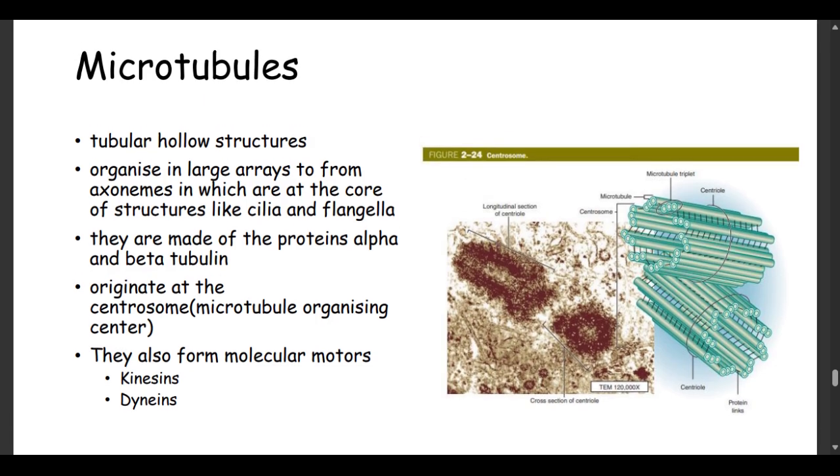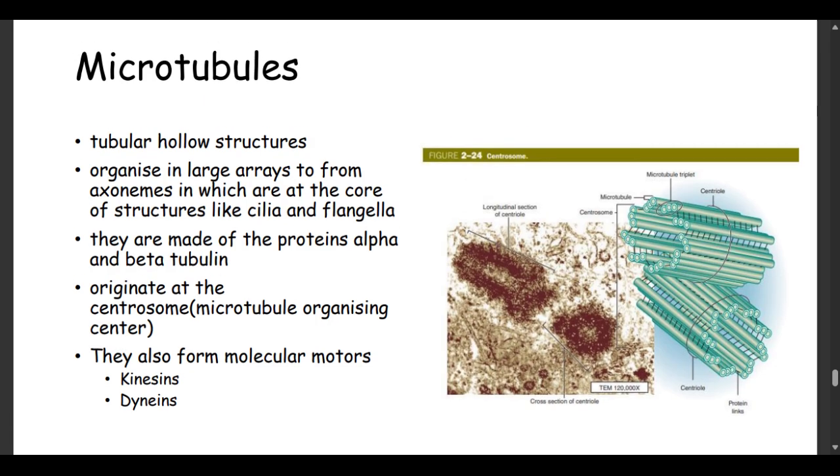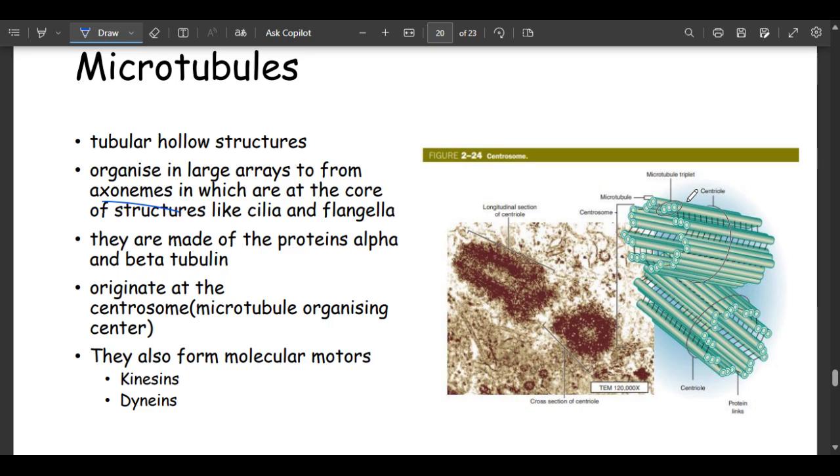So for microtubules, these are just tubular hollow structures that organize in large arrays to form axonemes. So an axoneme is this particular feature that we are seeing here, and you have tubular or hollow structures that are arranged in different orientation, like what we are seeing here, that makes up this particular axoneme.